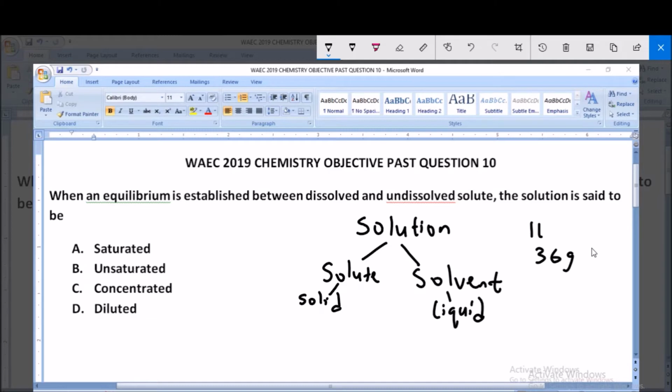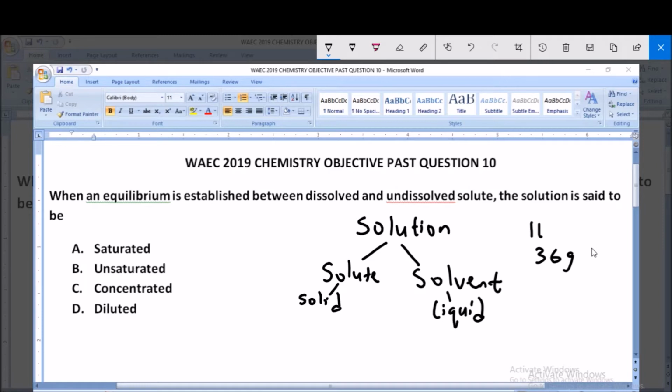So you can express it by saying 36 grams of sodium chloride is enough to saturate 1 liter of water at a particular temperature, let's say 25 degrees Celsius or any other hypothetical temperature. So for an unsaturated solution, the amount of solute that has been dissolved in the solvent is less than the maximum amount of solute that the solvent is capable of dissolving.